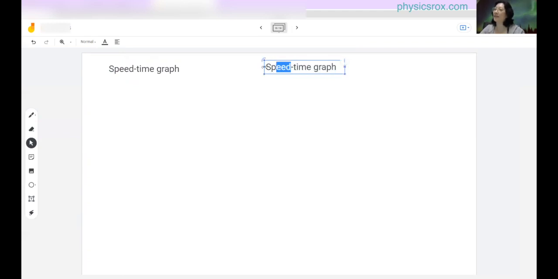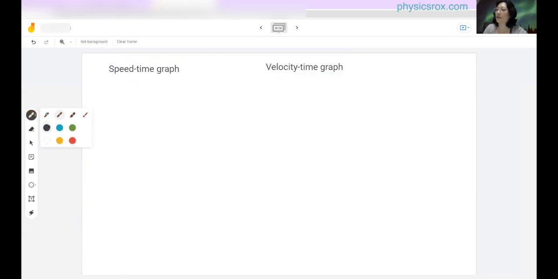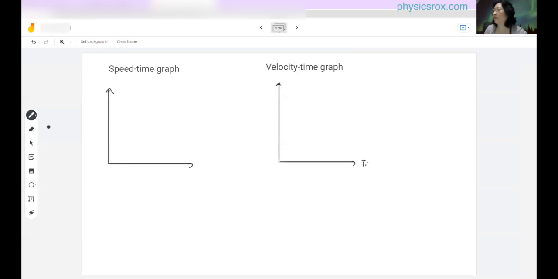Okay, anyway. So if you have a speed-time graph and a velocity-time graph, same concept also. Velocity is meters per second, speed is also meters per second, and this one is time. Whichever the case is, whatever the graph shape, doesn't matter.